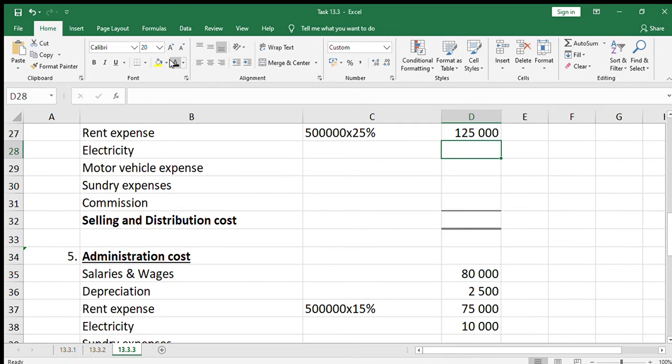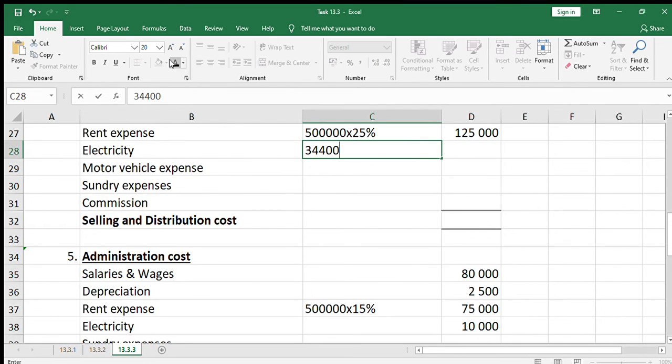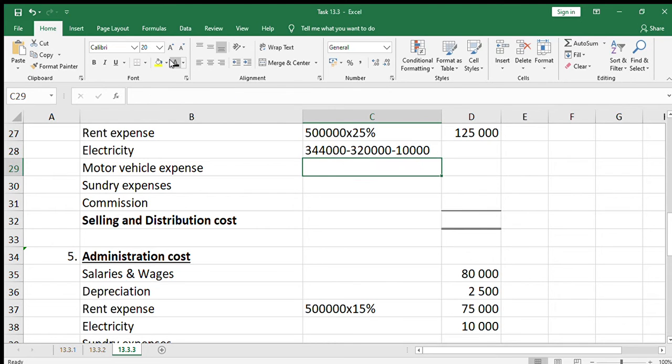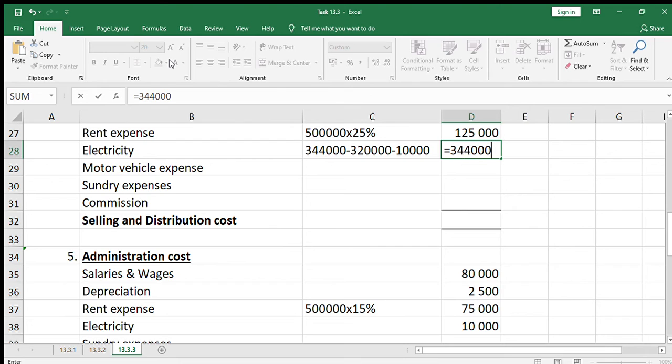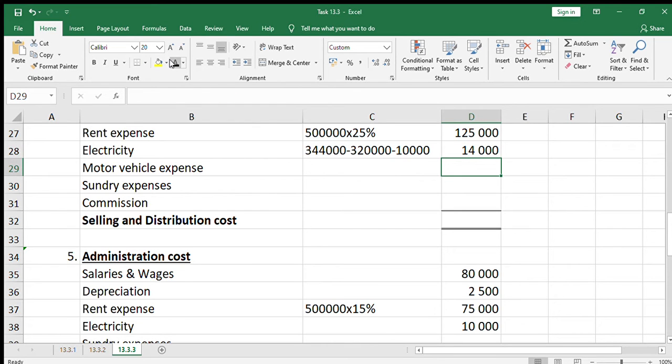So we're going to go to electricity, and our calculation will be 344,000 minus 320,000, which went to factory overheads, and minus 10,000, which went to administration costs. And you're just going to work out your answer. 14,000.